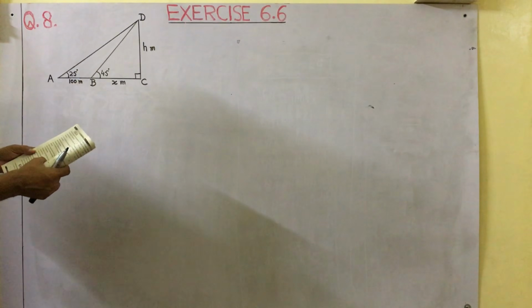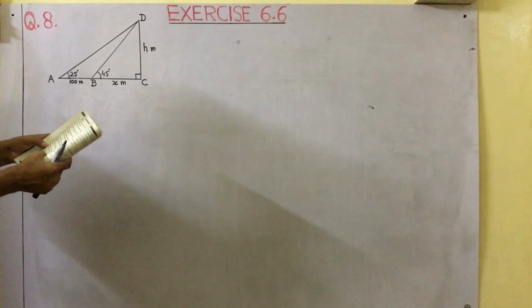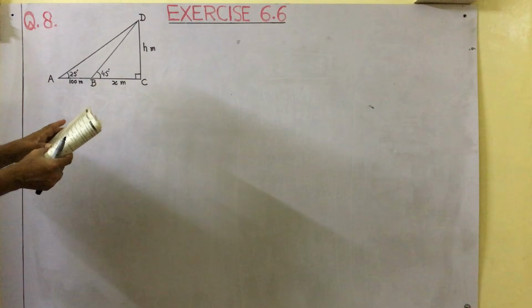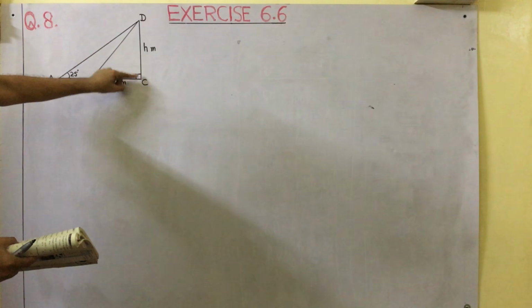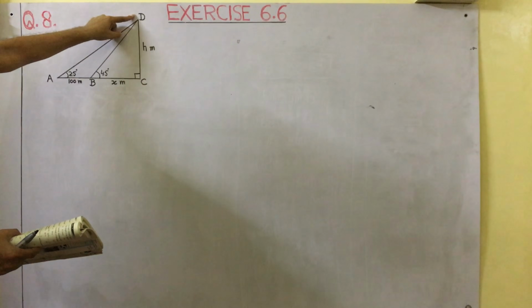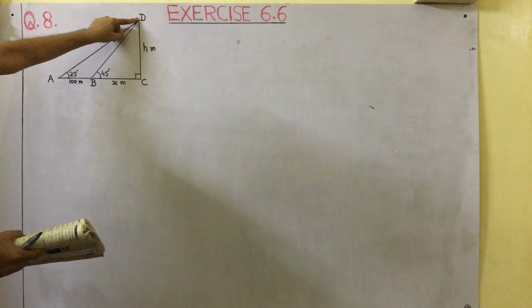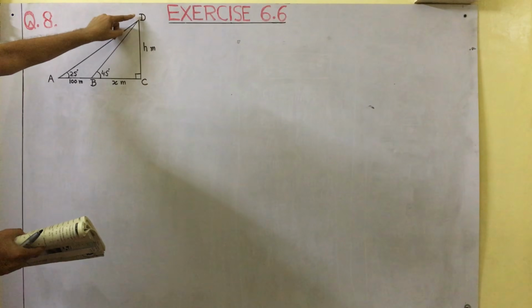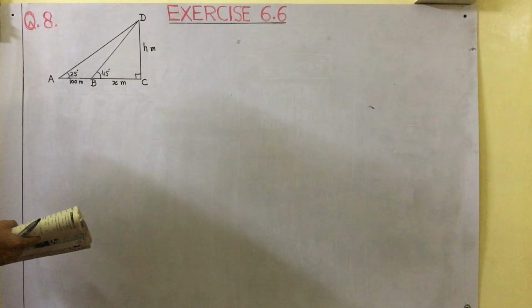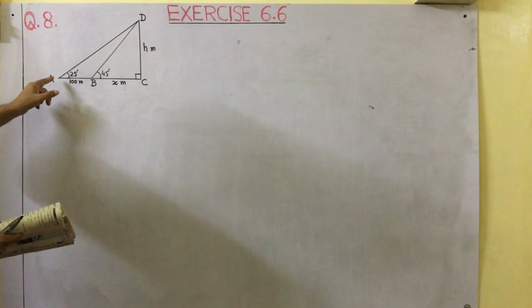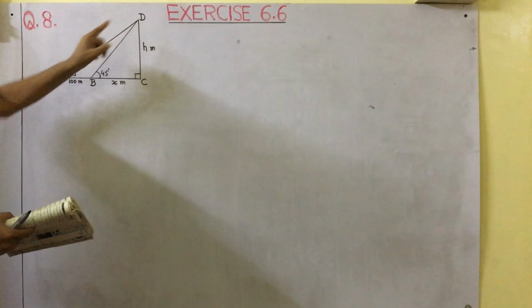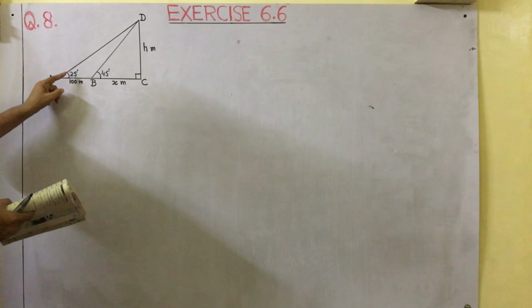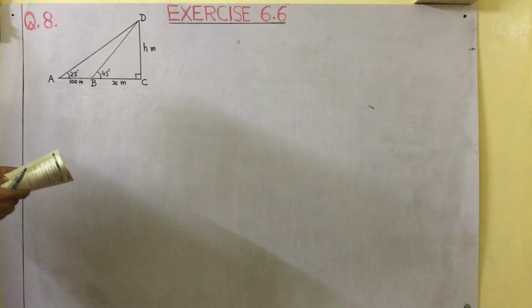Question 8. The measure of angle of elevation of the top of a cliff is 25 degrees. CD is a cliff, D is the top of the cliff. The angle of elevation of the top of the cliff from point A is 25 degrees.